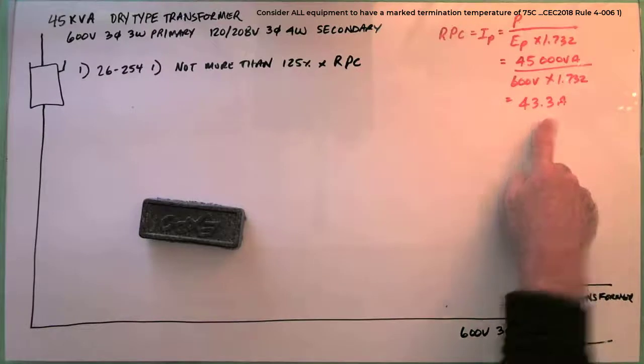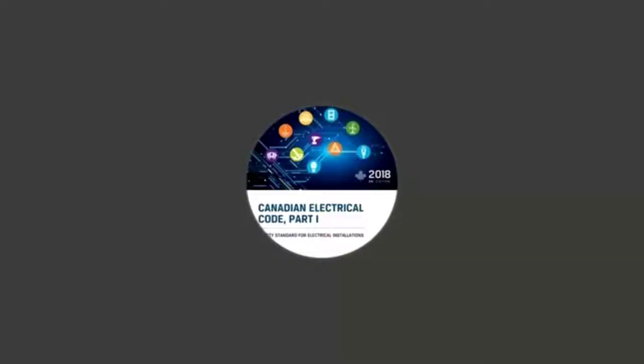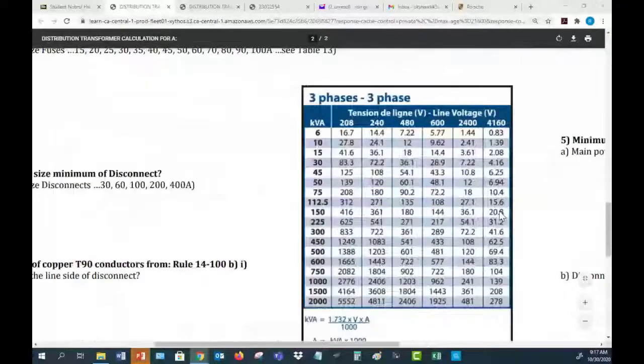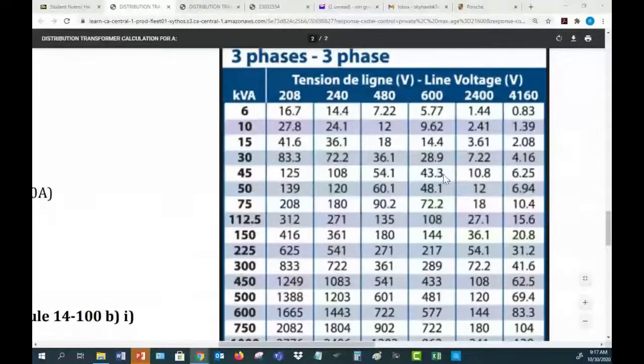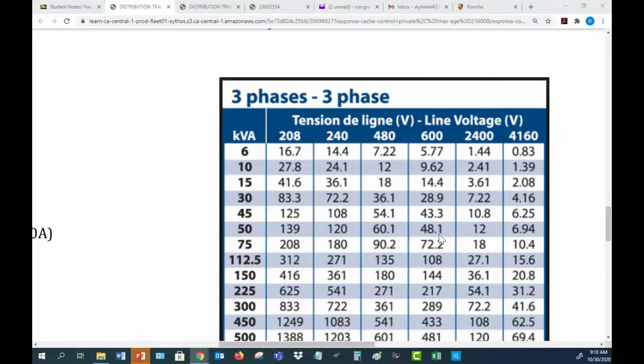If you go to your transformer card, if I go back to the application here, you notice right here, 600 volt for a 45 kVA. Look at that, 43.3. This card gives you the rated currents, but it doesn't give you the code stuff.